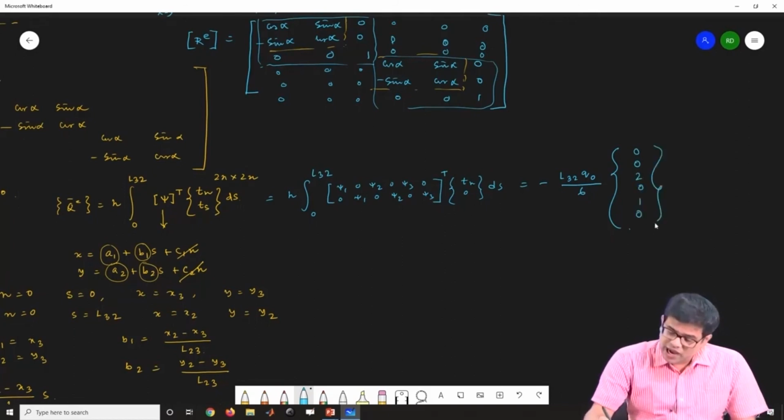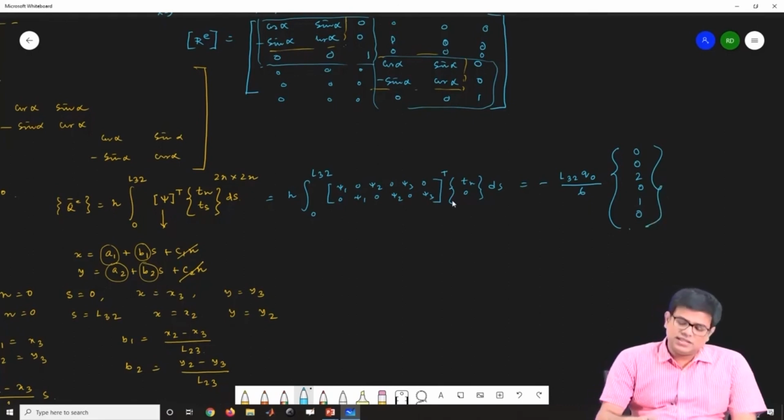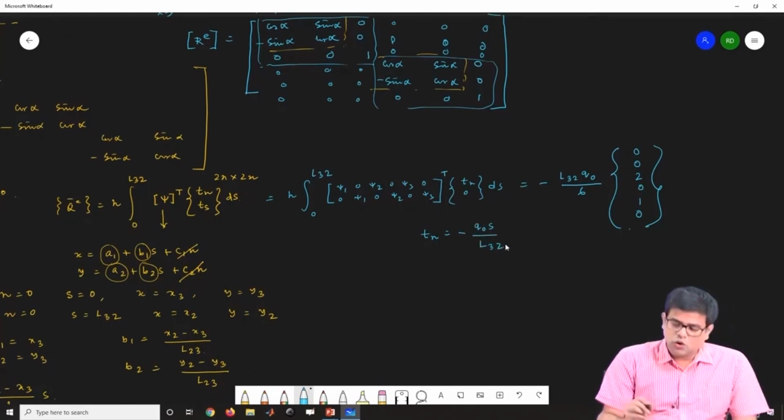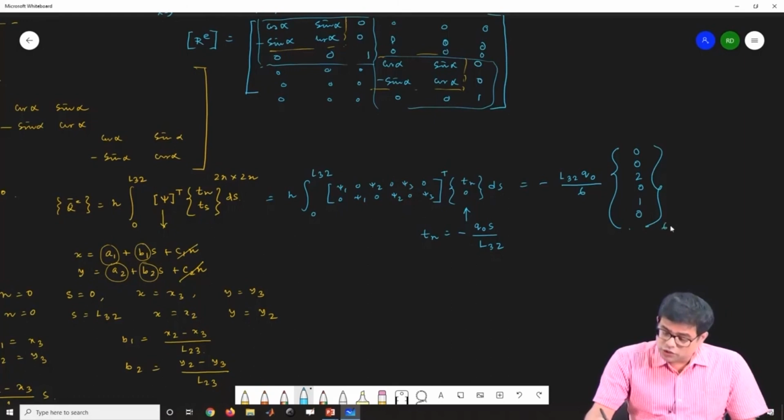This is after integration, because Tn is a function, where I have substituted also, Tn is minus Q0 s by L32. So this is also substituted here. And this is transpose, so this is a 6 cross 1 vector.